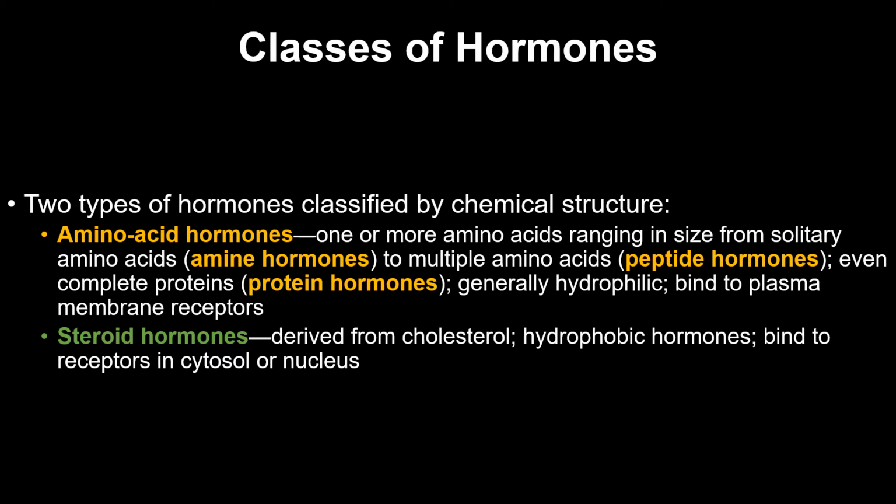You have multiple amino acids making up peptide hormones, or even you'll have complete proteins making up protein hormones. Generally, these are going to be secreted by the anterior pituitary gland, the pancreas, the thymus, the thyroid, and the parathyroid glands. And essentially, these are going to be hydrophilic, freely interacting with water molecules and binding to the plasma membrane receptors of cells.